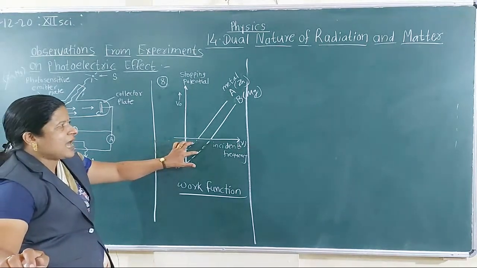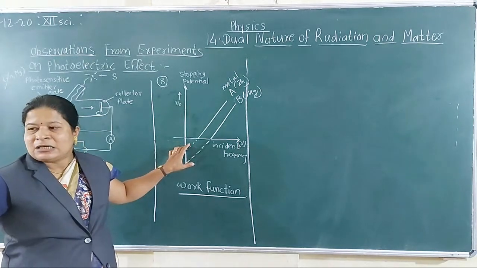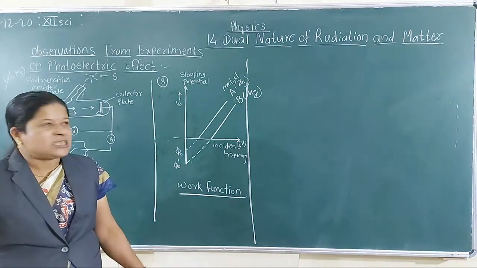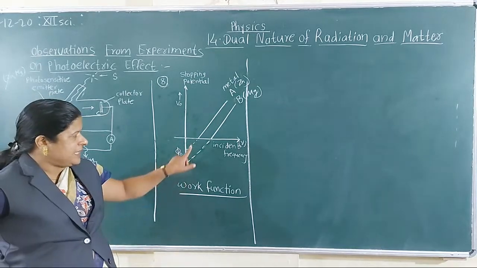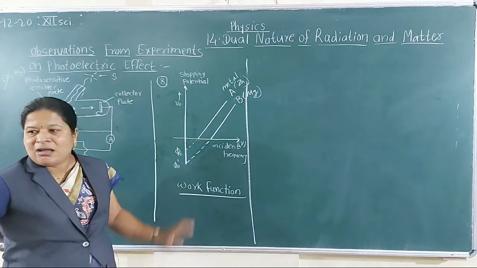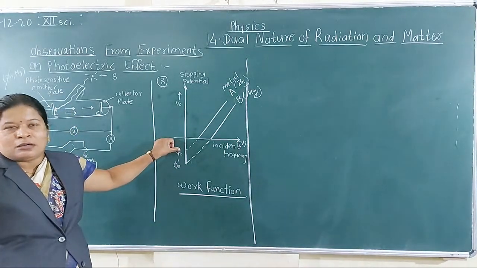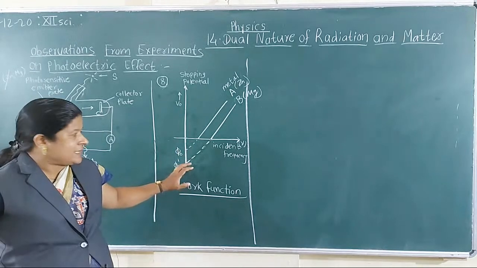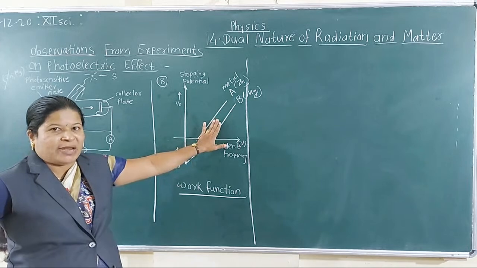So from this graph, for different metals the slope of the straight lines was the same, but the intercepts on the frequency axis and the stopping potential axis were different. The stopping potential axis intercept is different for different metals.